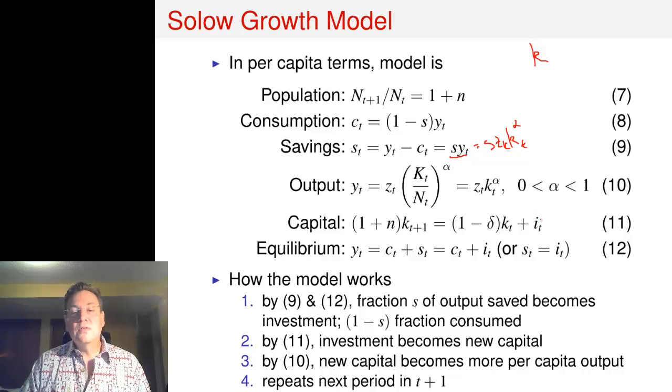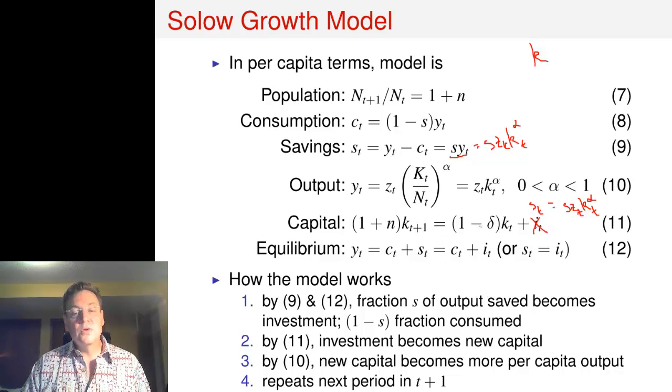That then allows us to replace investment here with savings, which is just equal, by what we just did, to the savings rate times TFP times K to the alpha. So now equation 11 completely summarizes everything that's going on in the model.